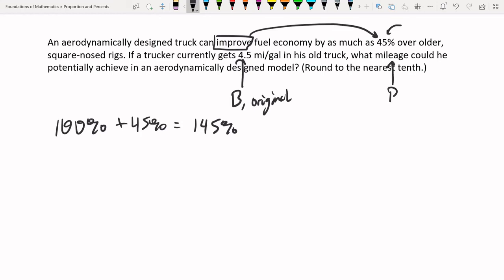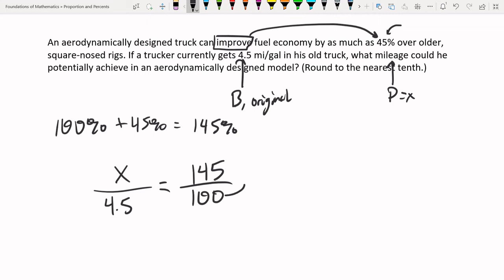That's going to be our part. This will be X here. For a new fuel economy over the old fuel economy, or the original one, I should say, is 145%, well, it's 45% more than the original. So 100 went up to 145, 4.5 will go up to some specified amount that we're trying to find.